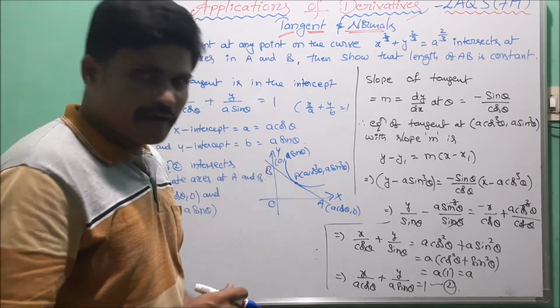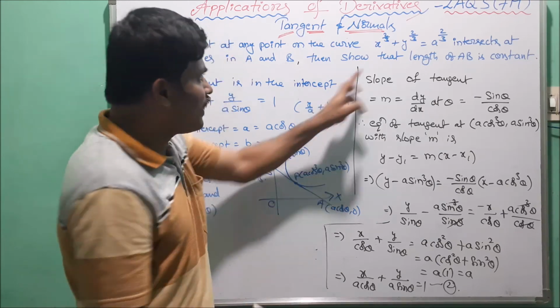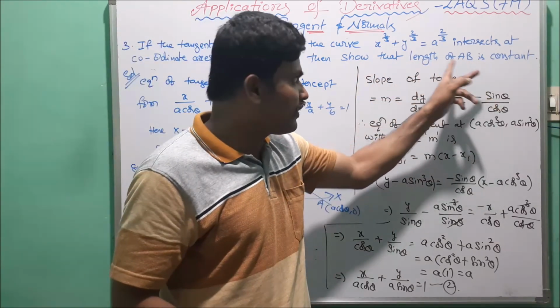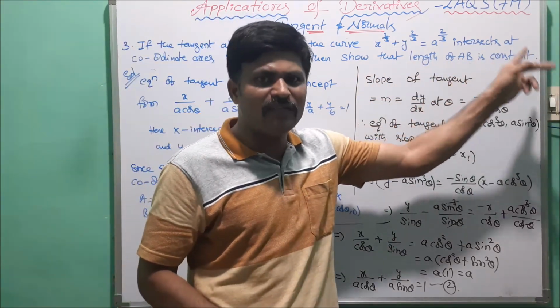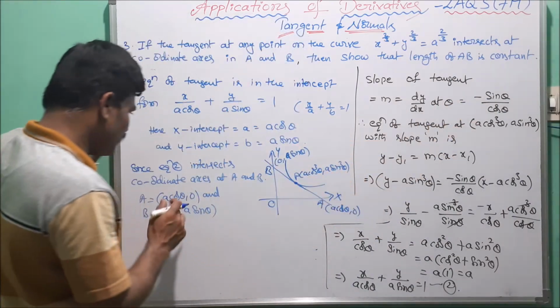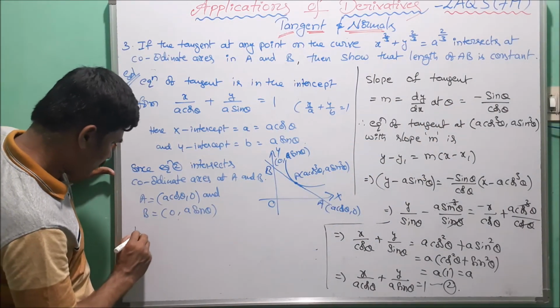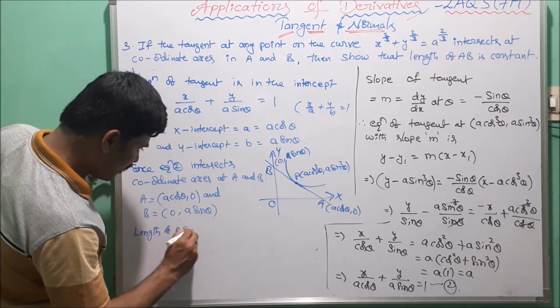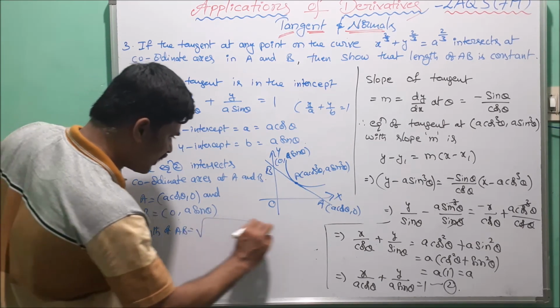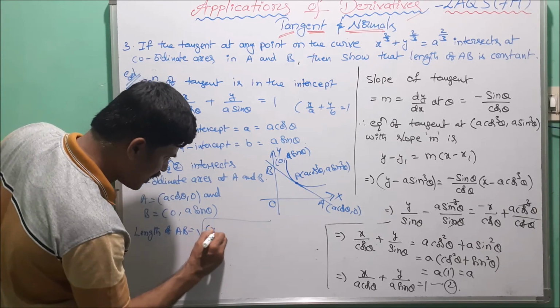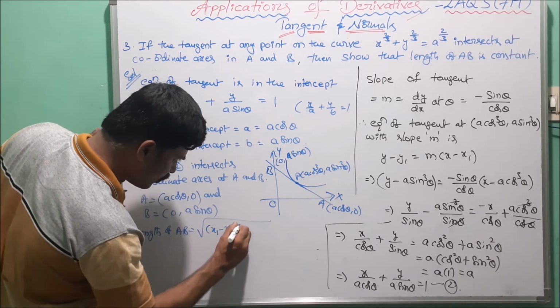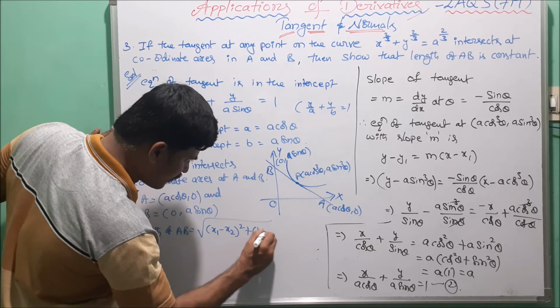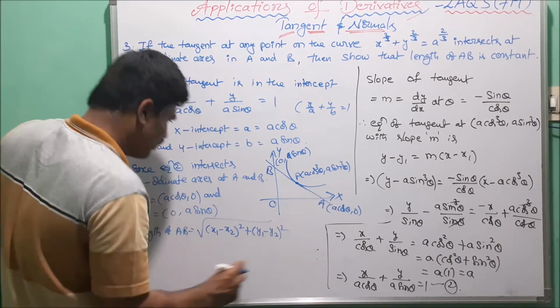Now these are 2 points. Now we have to find the length AB. Here we prove the length of AB is constant. Length of AB: the formula is the distance formula, square root of x1 minus x2 whole square plus y1 minus y2 whole square.